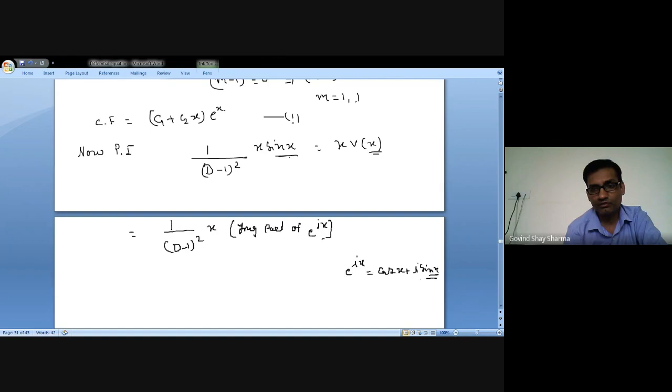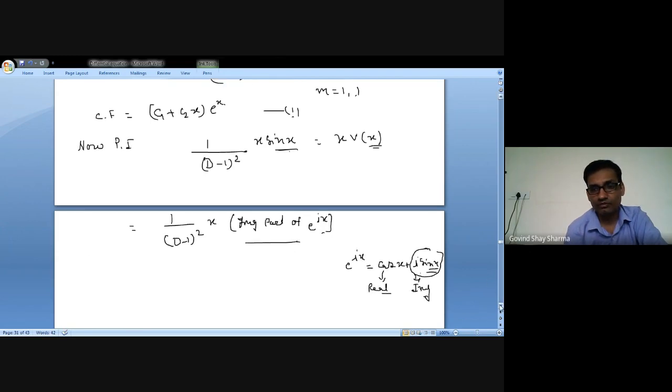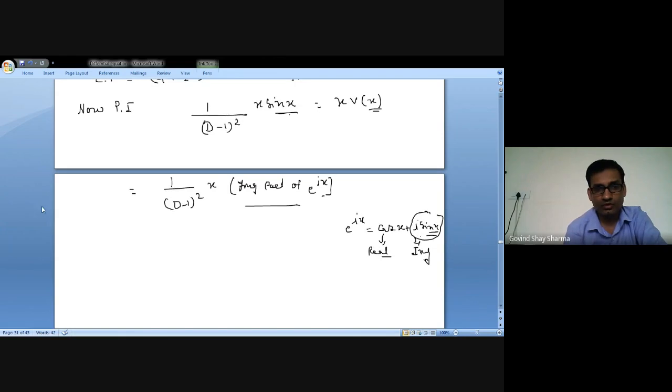Here sin x is the imaginary part and cos x is the real part. So I write the imaginary part of x e to the power iota x.